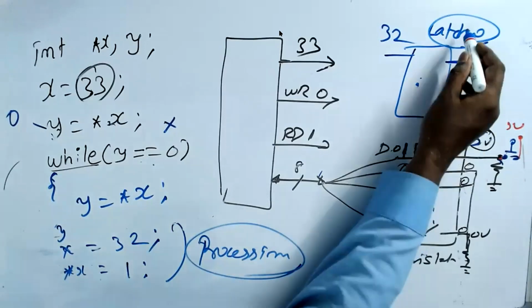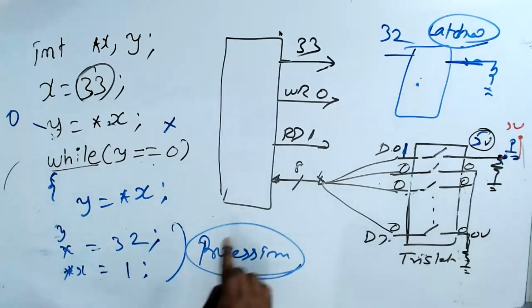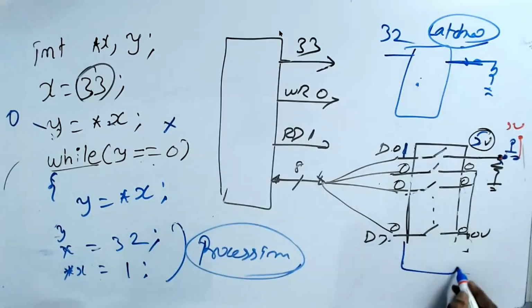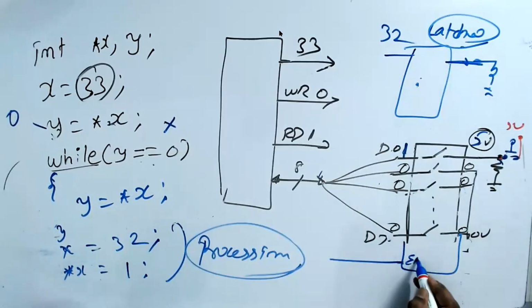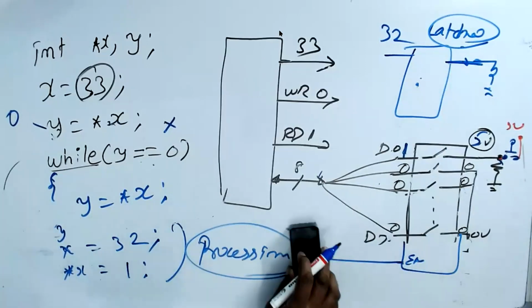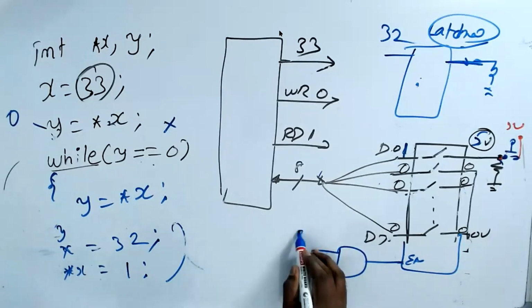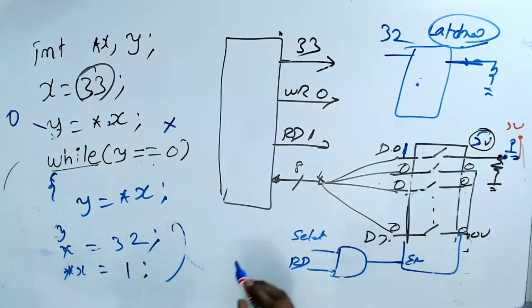The output is a latch, input is tri-state. By controlling this, there's a signal here, enable, which has, as usual, a gate. Understand one thing, there's a gate. Select and read, because this is only a read. Now what happened?